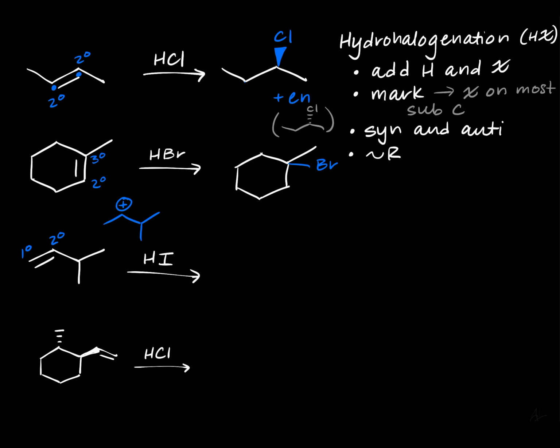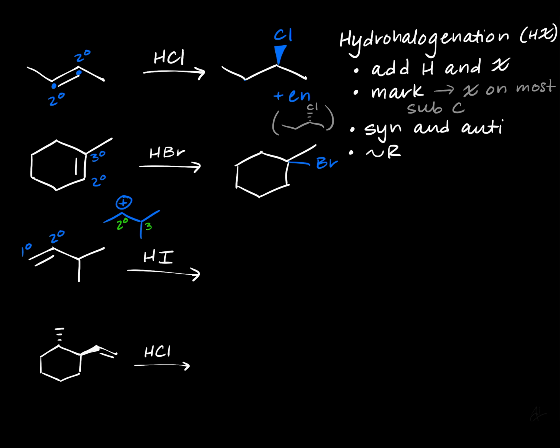The next thing we're going to do is figure out the substitution of our carbocation, and then we're going to figure out the substitution of its neighbors. So to the right, I have a tertiary carbocation. To the left, I have a primary carbocation. Finally, I'm going to ask myself, do my neighbors have a more substituted carbon?